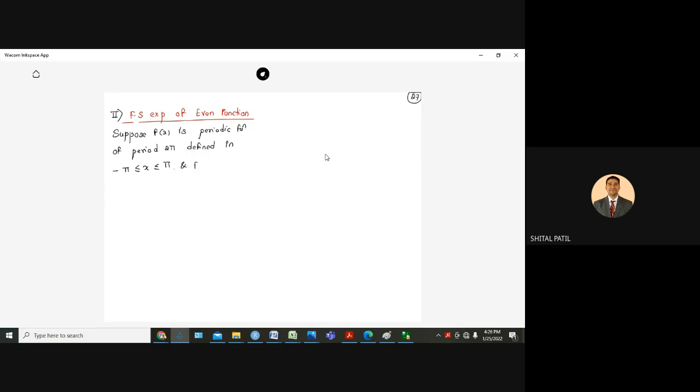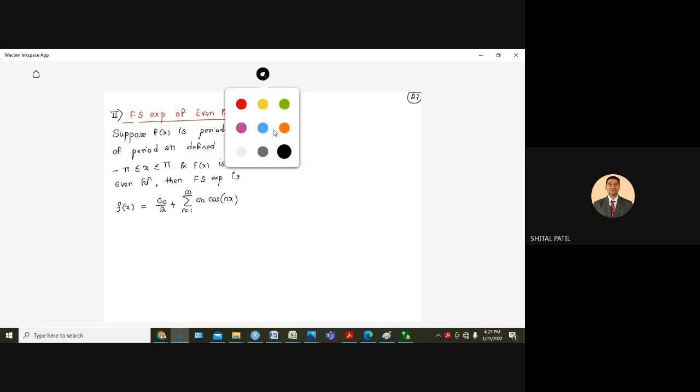And f of x is an even function. Then Fourier series expansion is f of x equal to a naught by 2 plus summation a n cos of nx.